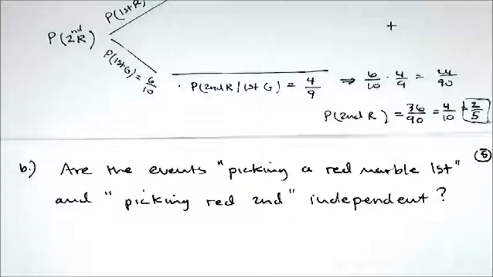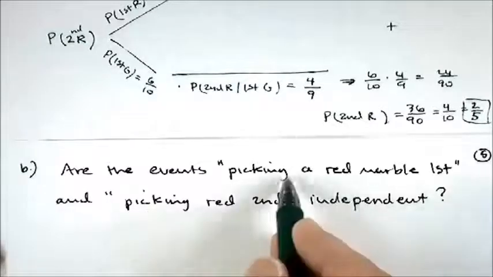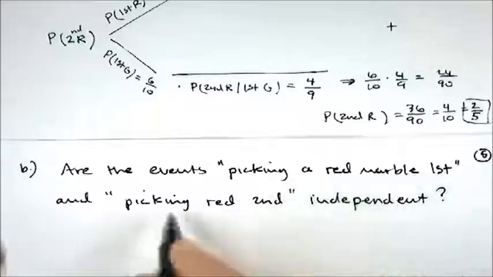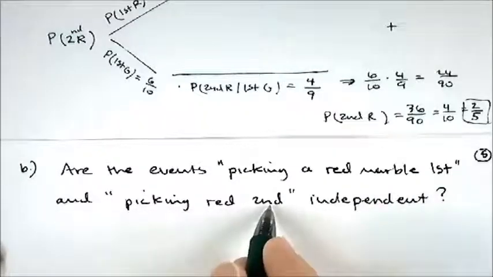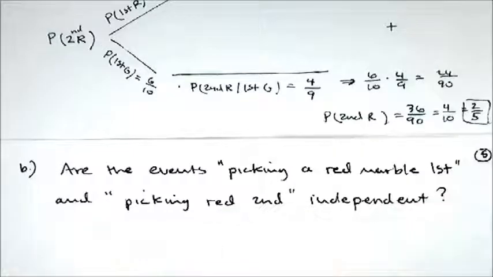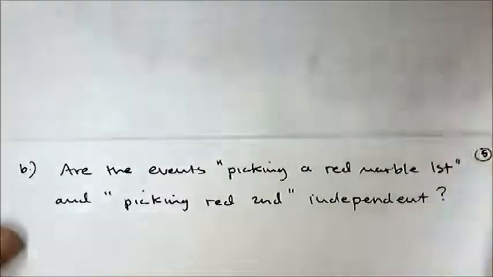What that's basically asking is, does the event of picking a red marble first influence the probability of picking a red marble second? What do you think? Yes or no? How many people agree that it definitely influences it? Because I've taken out one of the red marbles, so that's going to change my probability. So yes, these should not be independent events.